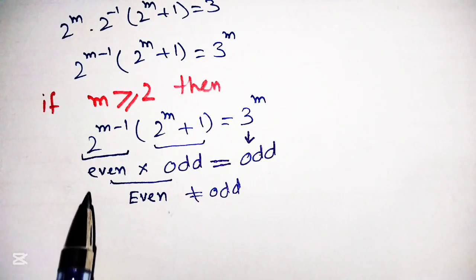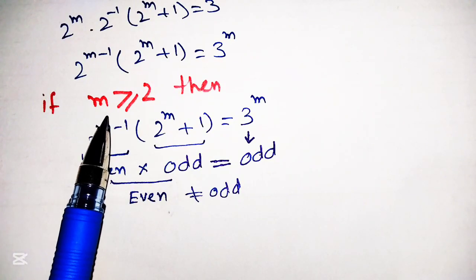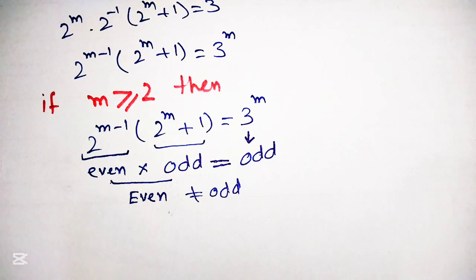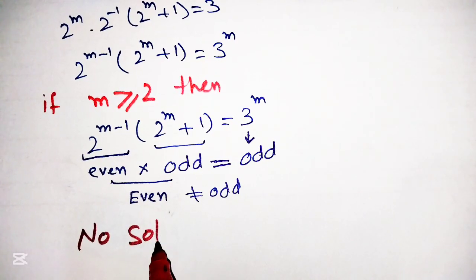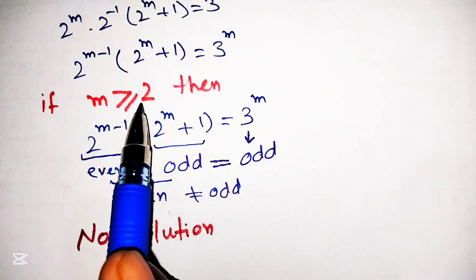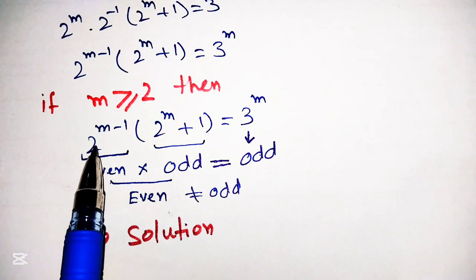So from this we conclude that for all values of m greater than or equal to 2, the solution of this given problem does not exist. That is, for this condition, we get no solution.